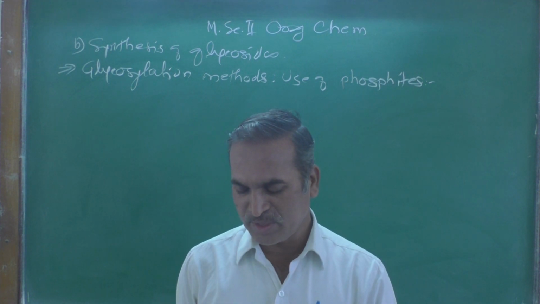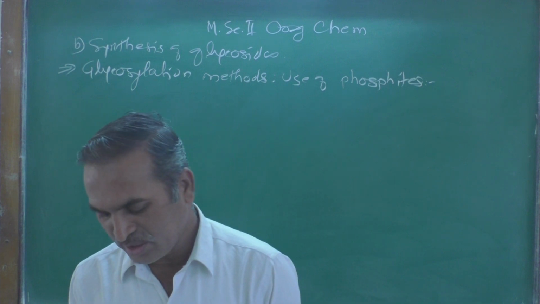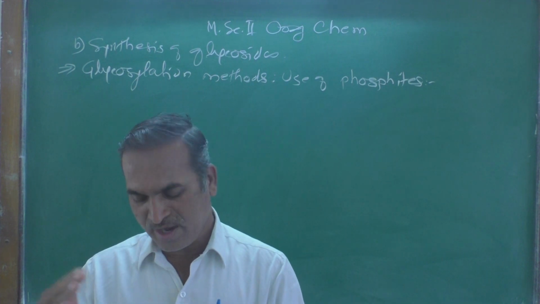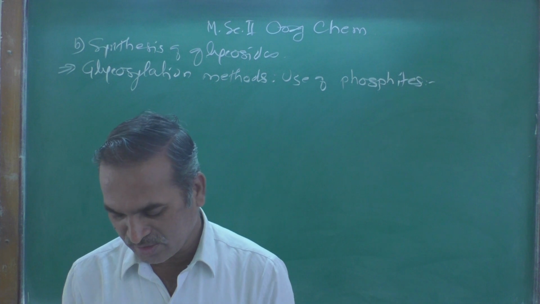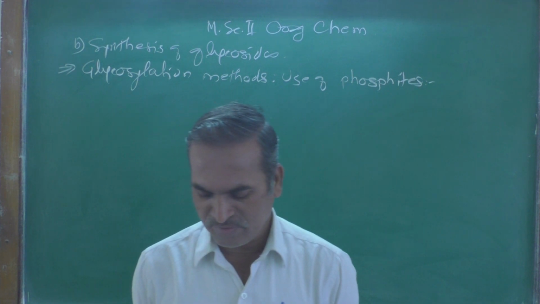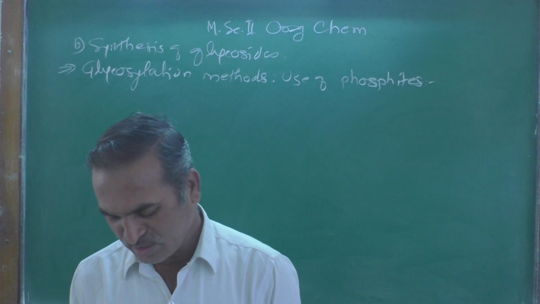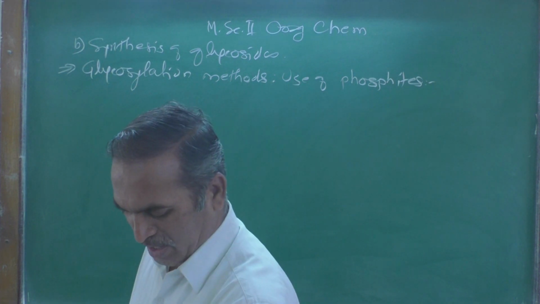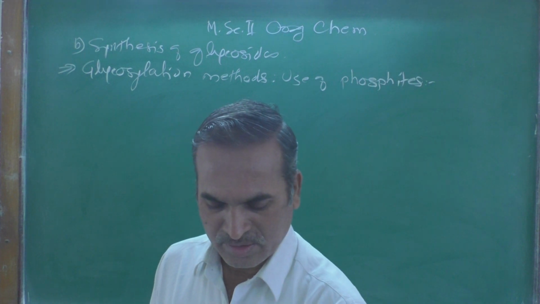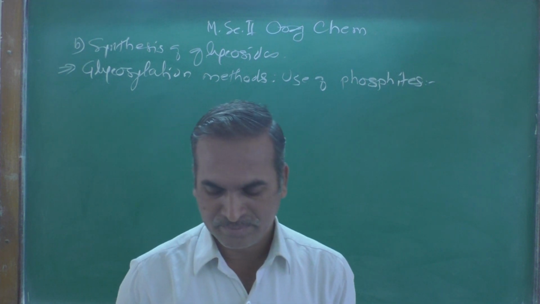An advantage of this method is that it provides a very high yield and alpha selectivity in the synthesis of sialic acid derivatives, and this method has been further developed by these two groups and others.